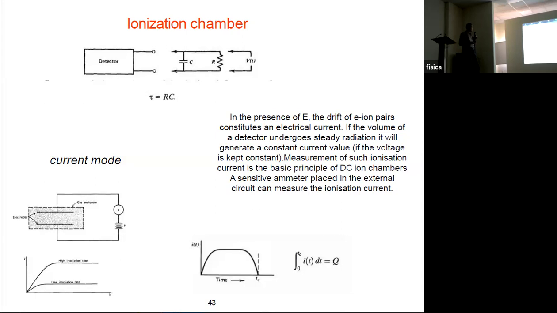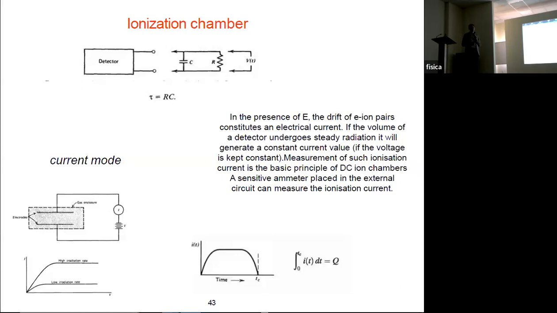And in the presence of an electric field, electrons and ions start to move, and this volume is filled with some material. In gas-filled detectors, it is basically a noble gas.